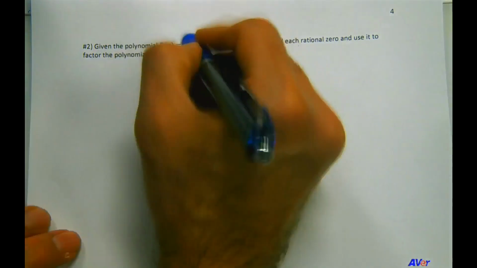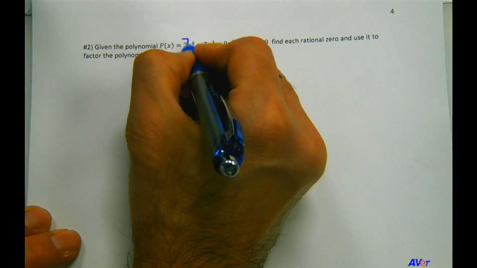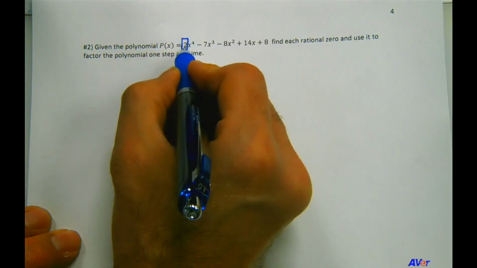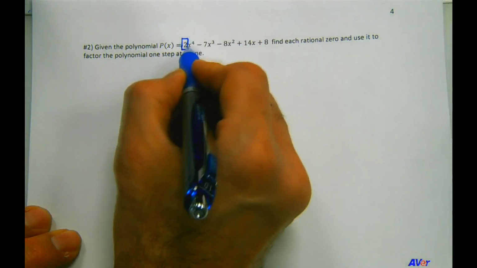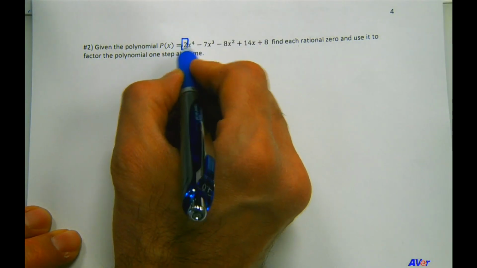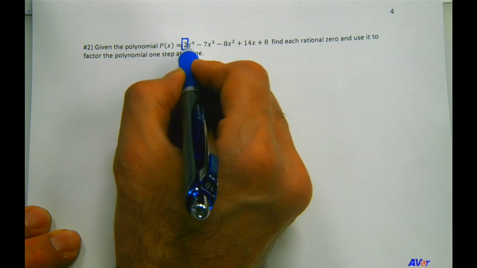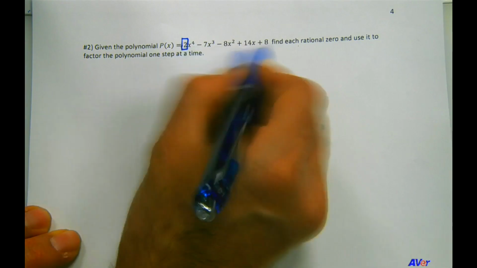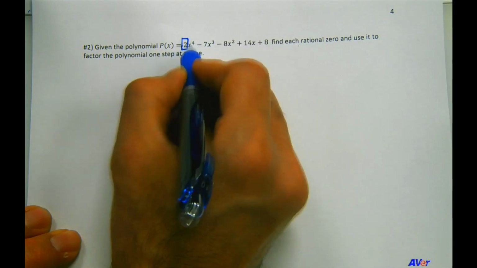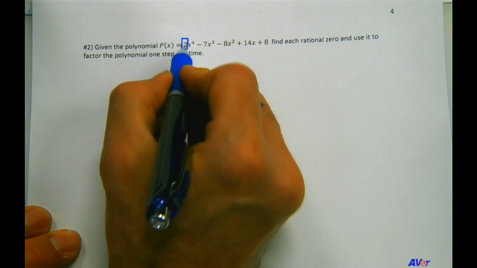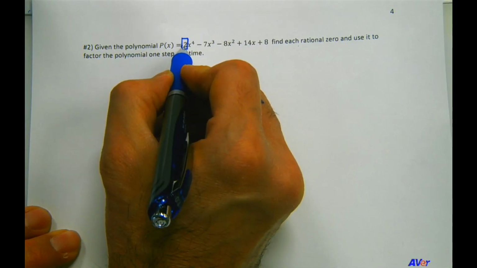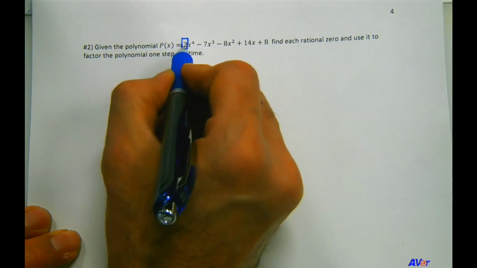Okay, so we already know that the leading term is 2x to the 4, right? We know that because it has the highest power in this whole polynomial. This term is the leading term because it has the highest power. So the leading coefficient is the coefficient of the leading term, which is 2.